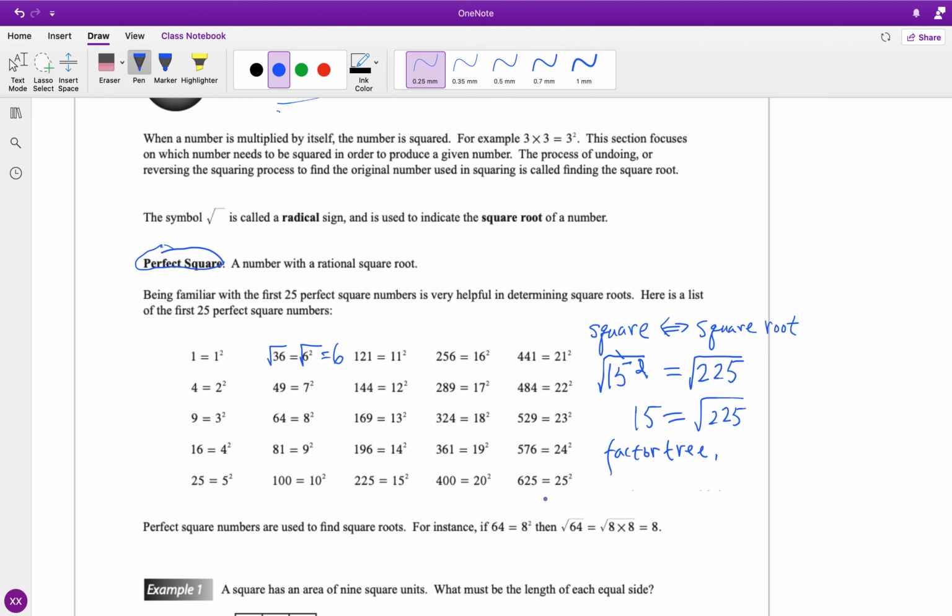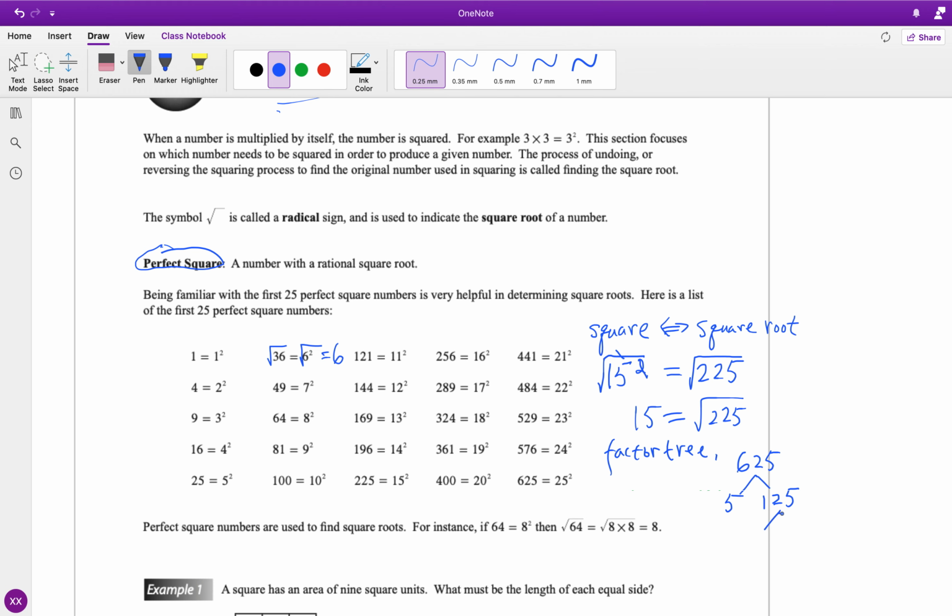For example, 625, that's a really large number. First of all, we divide it by 5, and this is 125, is it? Yeah, no, it's 125, sure.